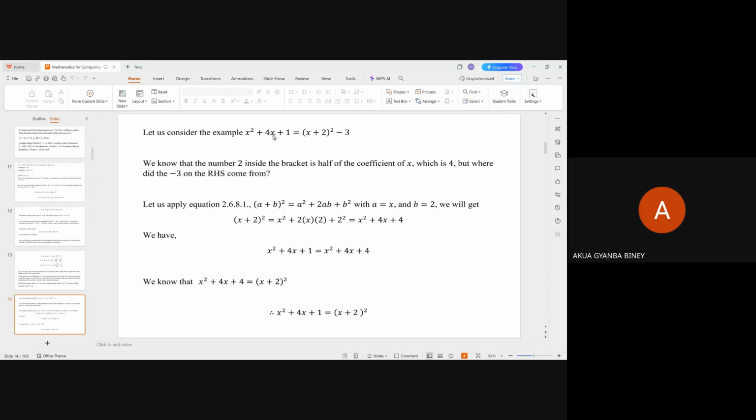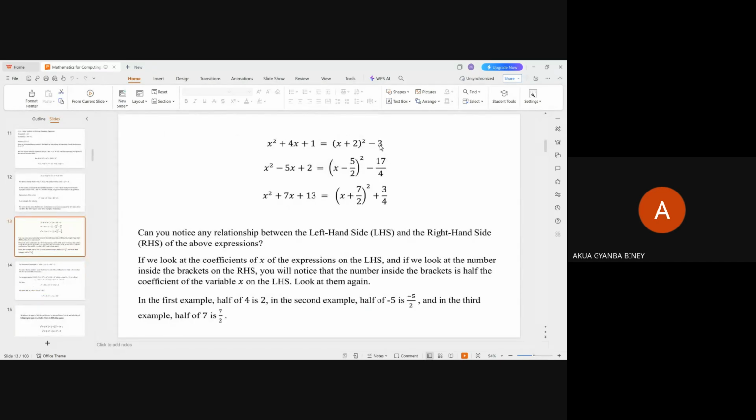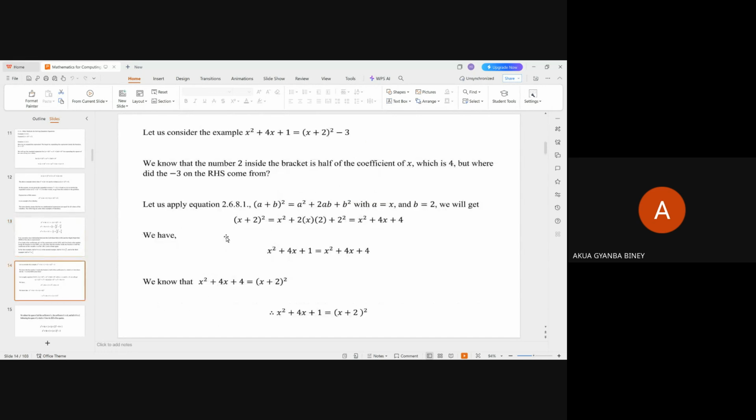So let's consider the example. x squared plus 4x plus 1 is equal to this. We know that the number 2 inside the bracket is half of the coefficient of x, which is 4. But where did the other one come from? Like the -3, -17/4, plus 3/4, where did that one come from?